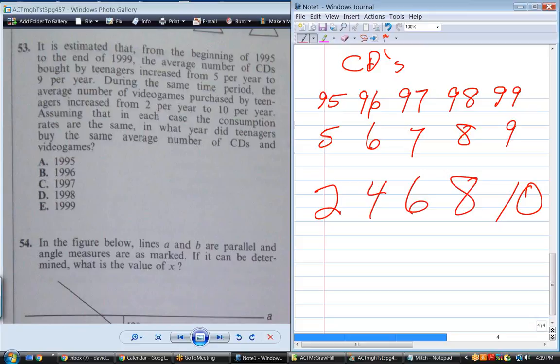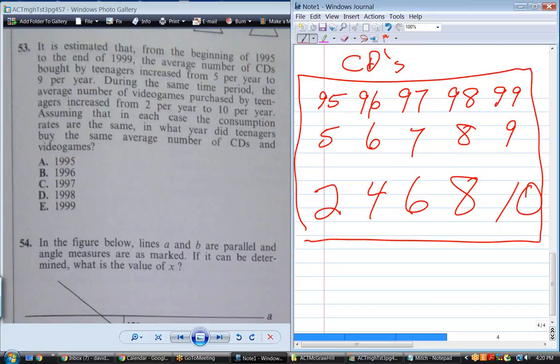I thought there was an actual math way to do it. No, but like I said, this turned out to be really easy. As long as you read the question and understand what they're giving you, then laying it out like this, you can't go wrong. There's no math involved at all. Basically, what you're doing is creating a table and finding the year on the table where that value is the same as that value.